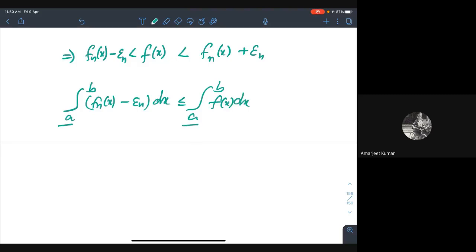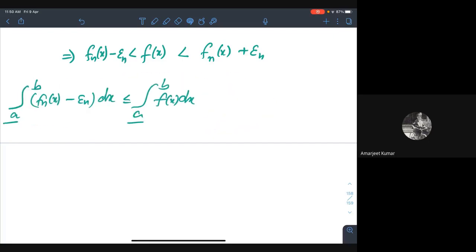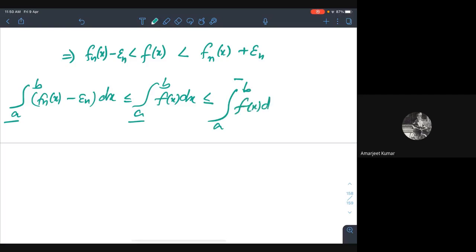We don't know whether f is integrable or not. Here it is integrable. So here we have this lower integral is always at most the upper integral of f(x) dx. And this upper integral, if you go that side in terms of the upper integral, we'll see the integral from a to b of f_n(x) plus epsilon_n dx.